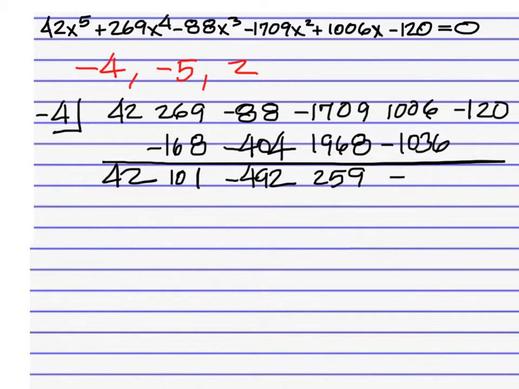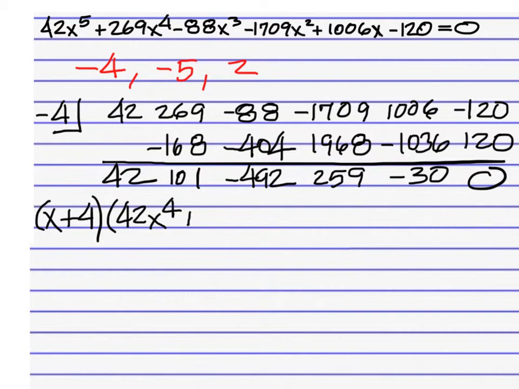And we come up with a negative 30. Negative 4 times negative 30 is positive 120. So that works out evenly. We write x plus 4 since we divided by negative 4. And we're left with 42x to the 4th plus 101x to the 3rd minus 492x squared plus 259x minus 30.